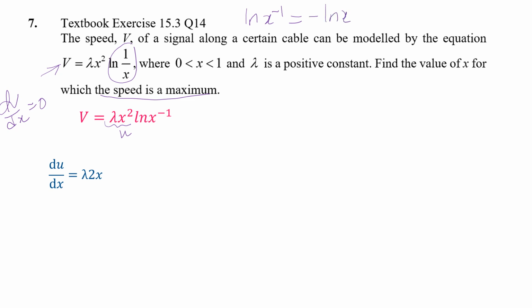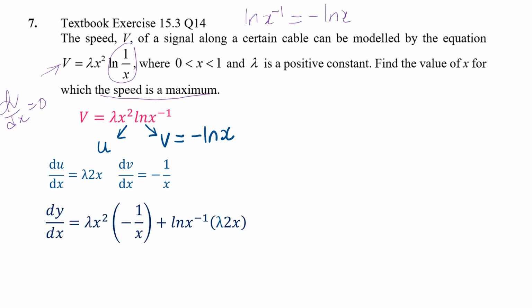When I differentiate it, it's just negative 1 over x. Then I put it into my product rule and simplify it. I can simplify it further because this x squared and x will just give me x, so I will end up getting negative lambda x plus whatever we have here.